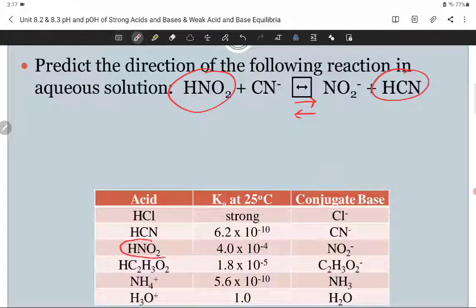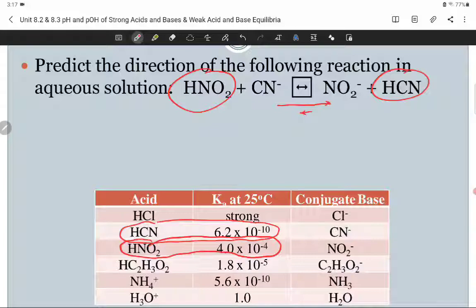So nitrous acid has a much bigger value than our other acid in question here. So this would be as if this is happening. So I think I've just designated that it's going to go more left to right, and it's because of those Ka values not being the same. Which one's bigger is which direction it's going to move more towards.